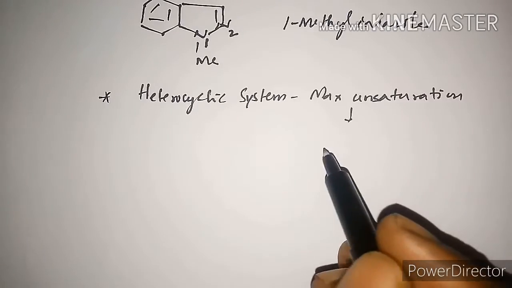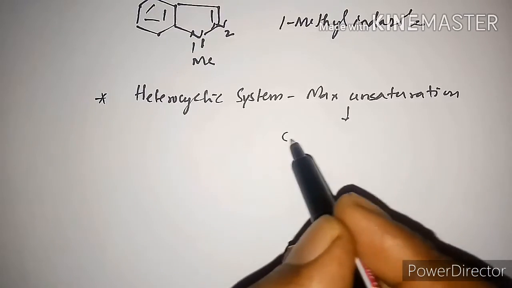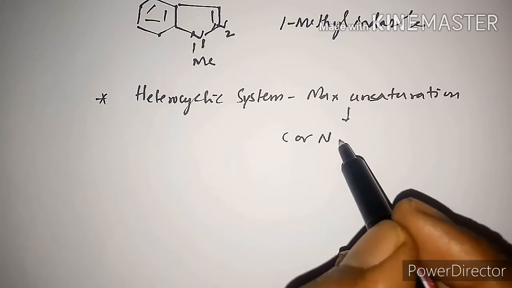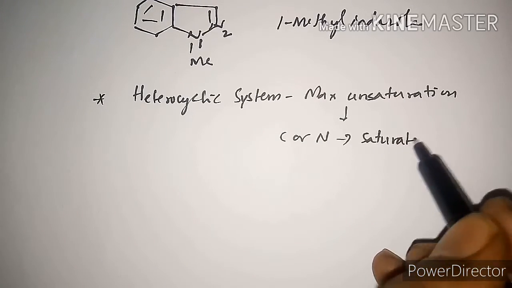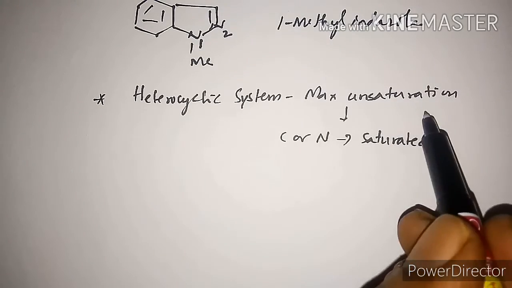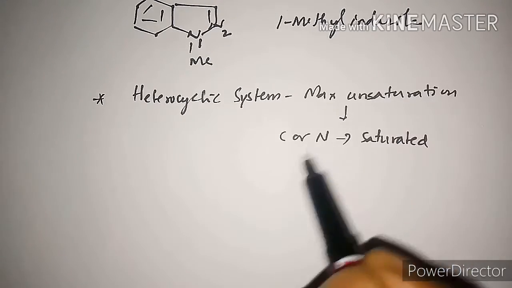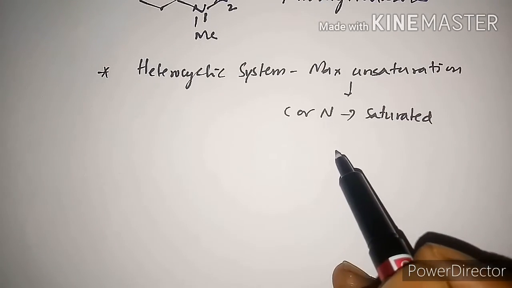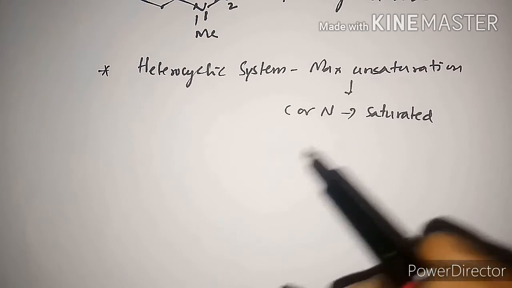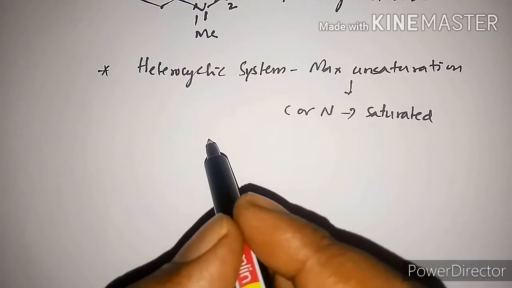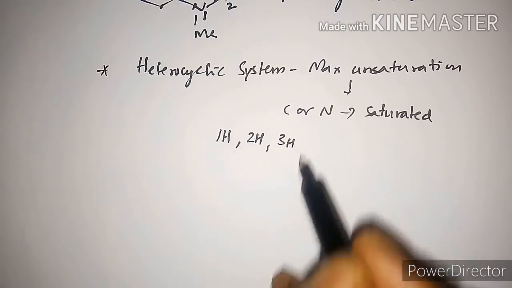So if any one carbon or nitrogen does not contain a pi bond, and is saturated, that saturated atom can be specified, because it bears an extra hydrogen, by writing an italic capital 1H, 2H, 3H, etc.